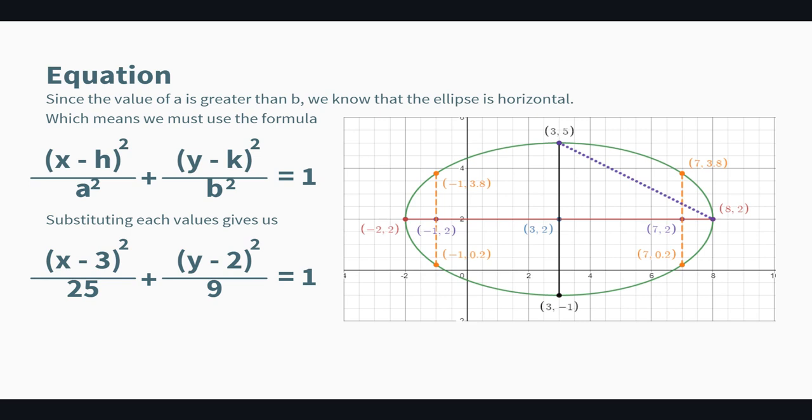Since we know that the value of h, k is 3, 2, and the values of a and b are 5 and 3, it would be (x - 3) squared all over 5 squared, which is 25, plus (y - 2) squared all over 3 squared, which is 9. So our equation would be (x - 3) squared all over 25 plus (y - 2) squared all over 9 is equal to 1.